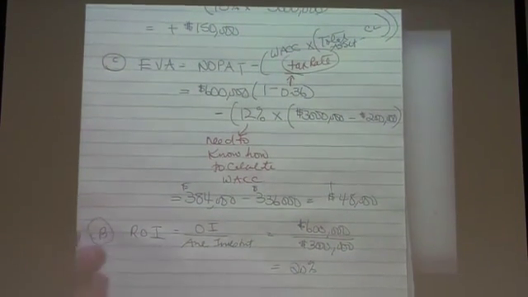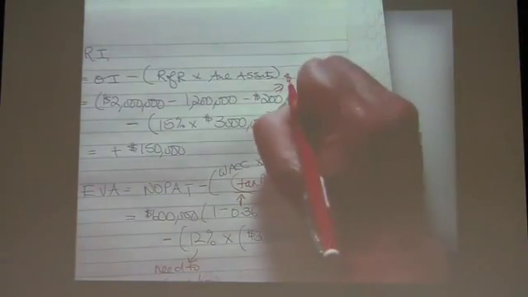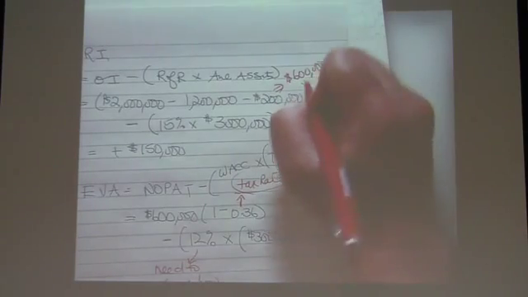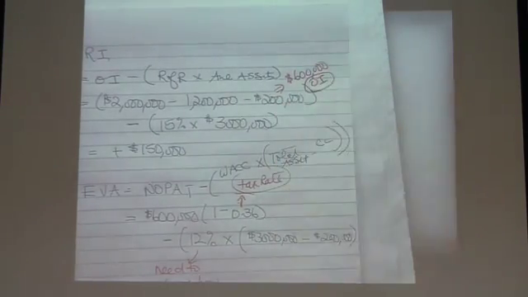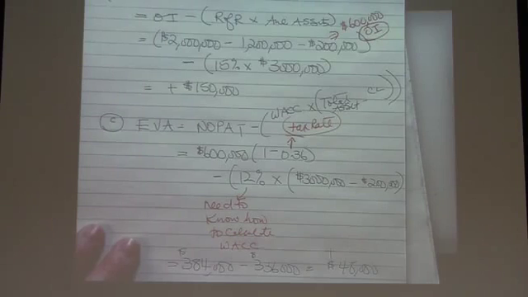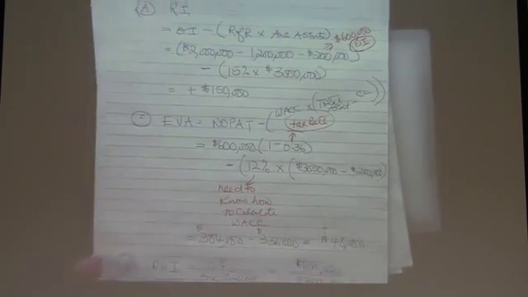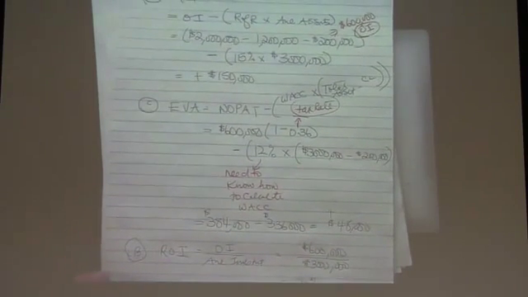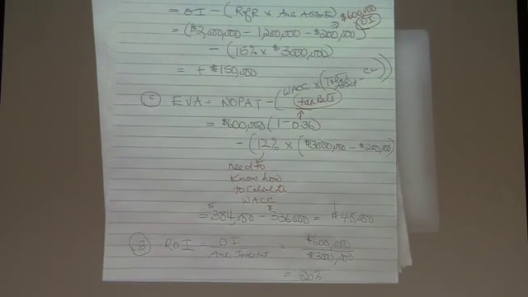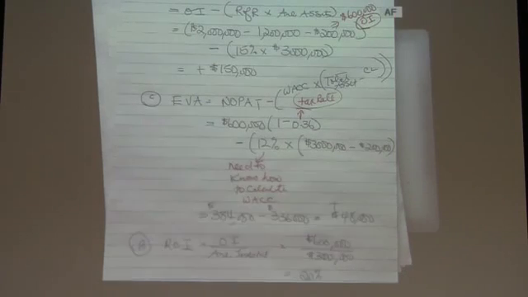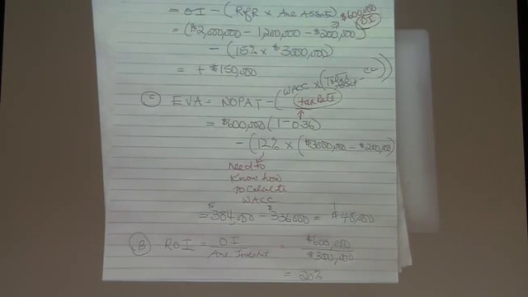So let me just make a small adjustment. This one here is 600,000 operating income. Okay? Thank you.